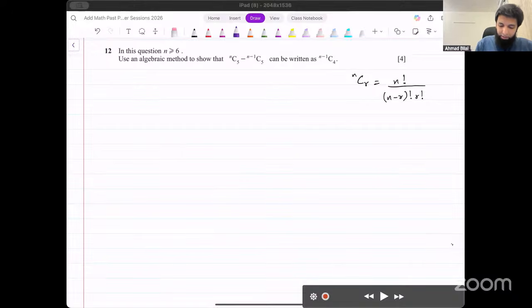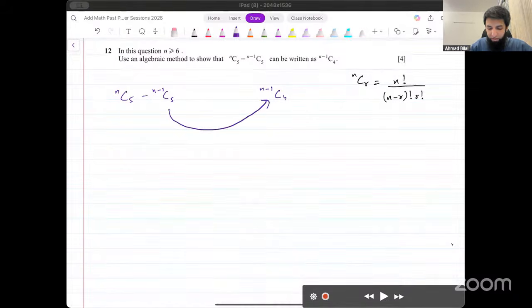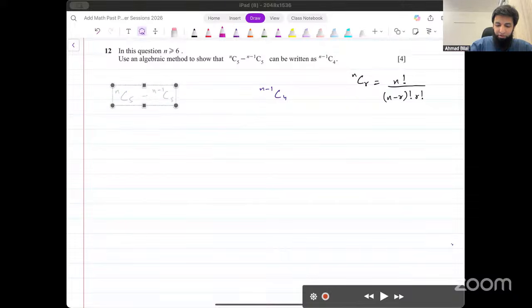So what we can do is, we can say nC5 minus n minus 1 C5. Let's write them and simplify them. That will give you an idea how to actually prove that this can be written like this. Simplify both of them separately and see what you get.